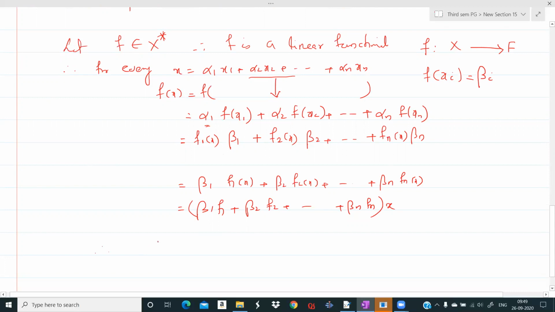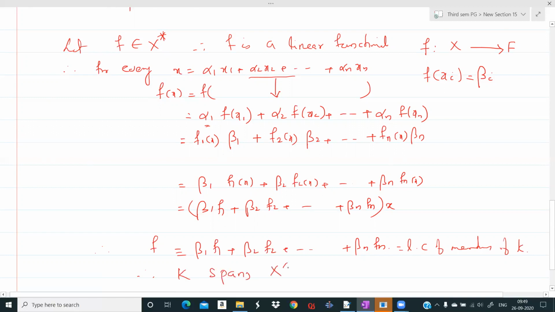Therefore, f is identically equal to beta 1 f1 plus beta 2 f2 plus etc. plus beta n fn. So that means every member of X star can be expressed as a linear combination of members of K. Therefore, K spans X star.